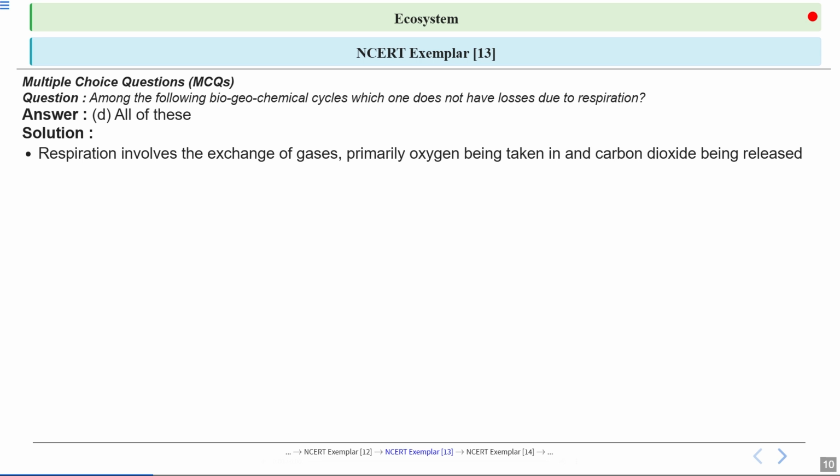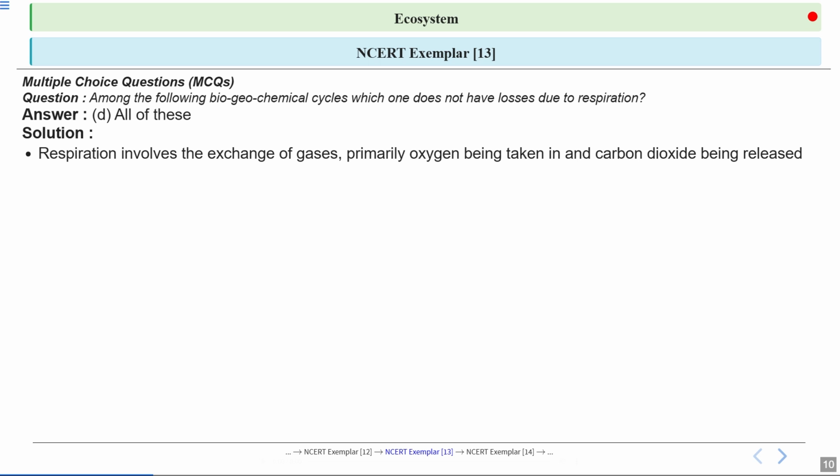Let's have a look at the explanation. Respiration is the process where living organisms release energy from food. In respiration, the respiratory substrates are broken down in the presence of oxygen, and energy is released. Respiration involves the exchange of gases, primarily oxygen being taken in and carbon dioxide being released.